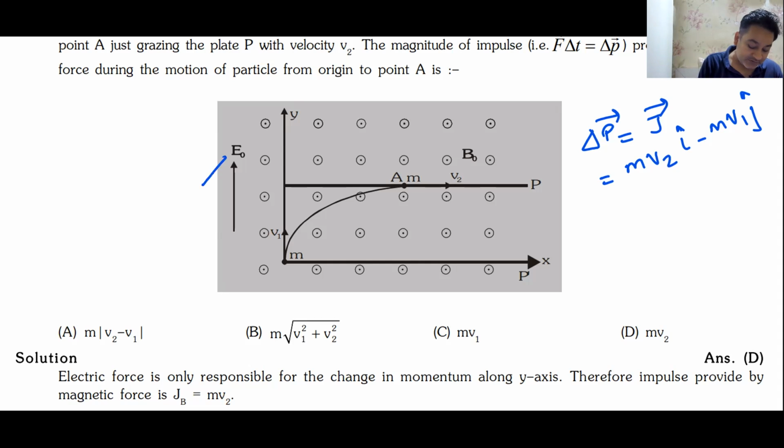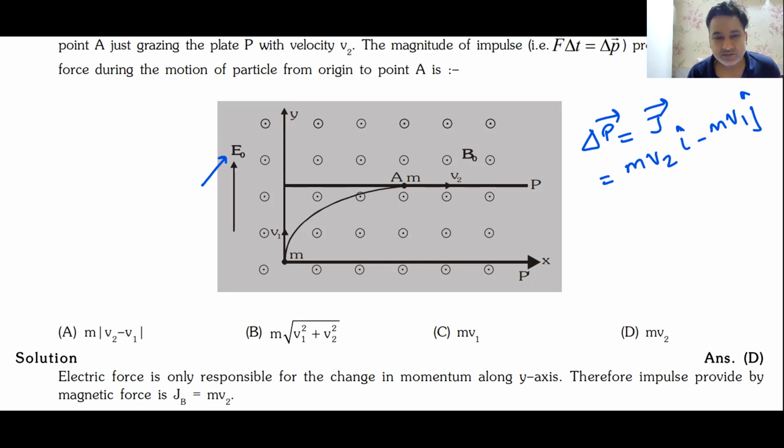This electric field is constant. It is always along the y-axis. So it can only change momentum along the y-axis. The magnetic field actually is changing momentum in the xy plane. So whatever momentum has changed along the x-axis, that is due to the magnetic field.